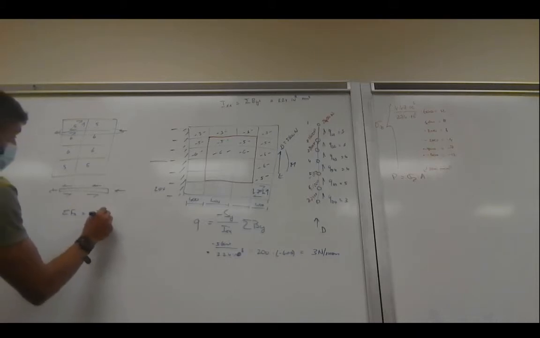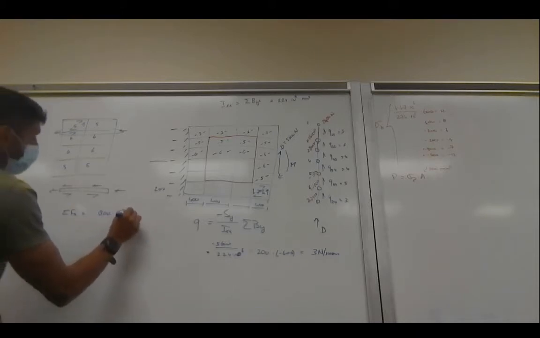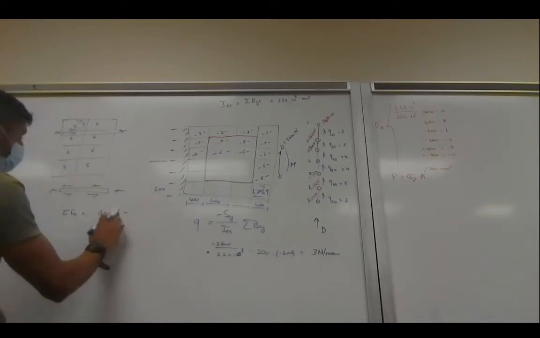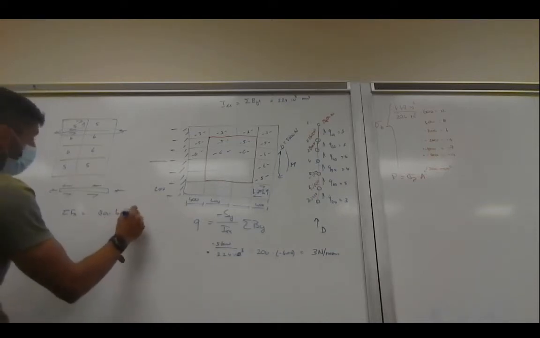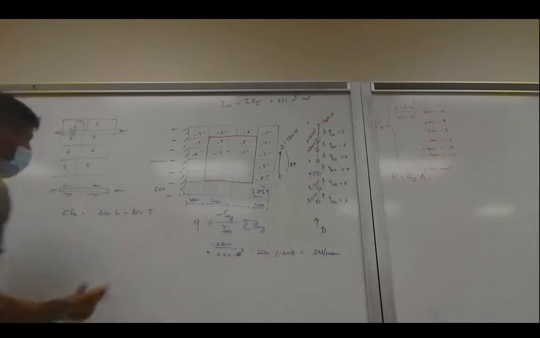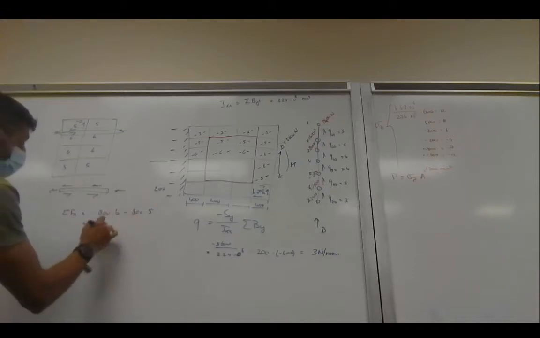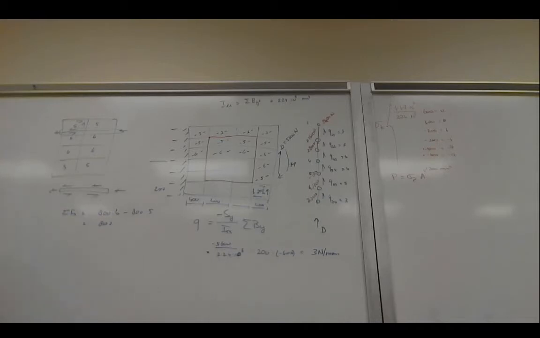That means 800 times 5 minus, well, let's do 800 times 6 minus 800 times 5. So basically is, what is this, 800? Because you get 800. So there's still a force going of 800 in this direction.